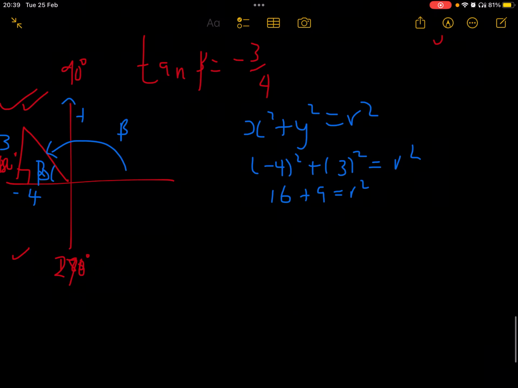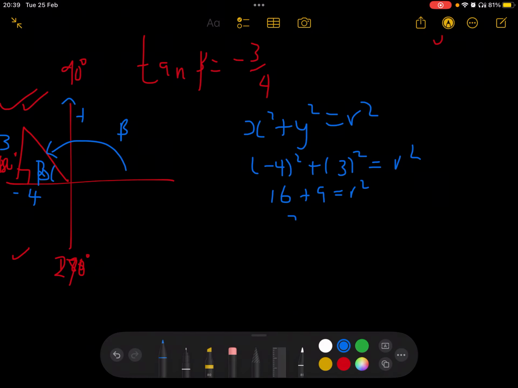Taking the square root, r is equal to plus or minus 5, but we know the r value is a positive value. So r is equal to positive 5.